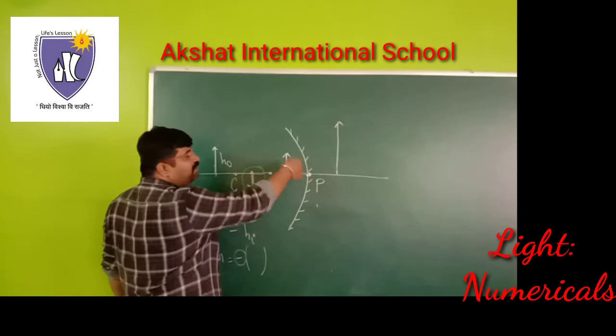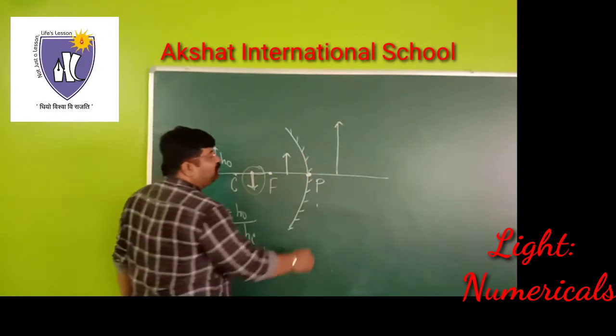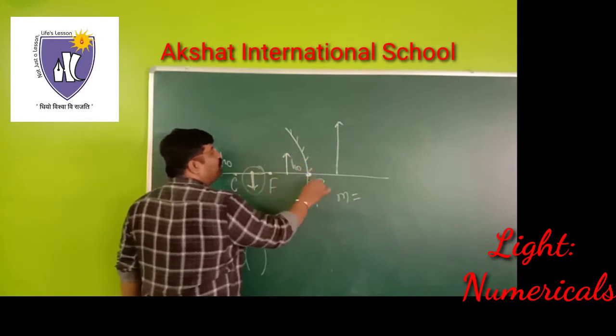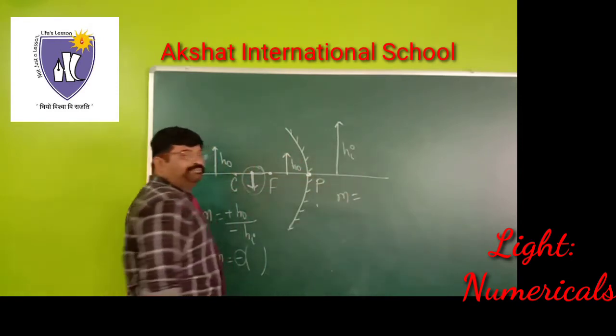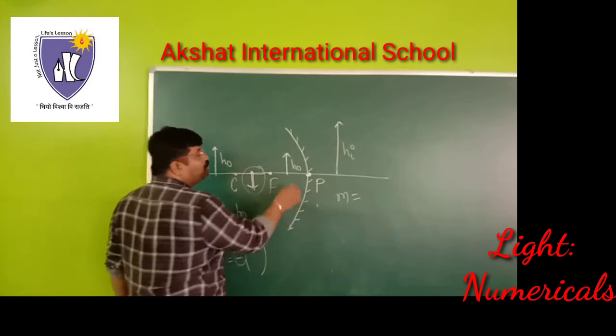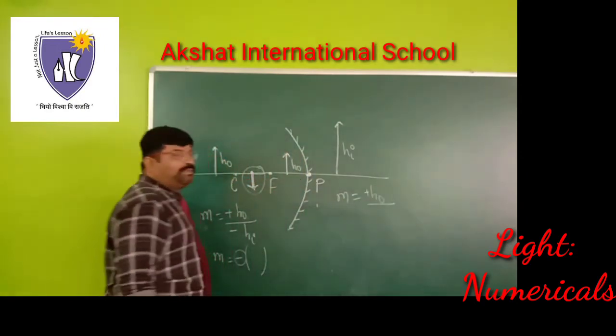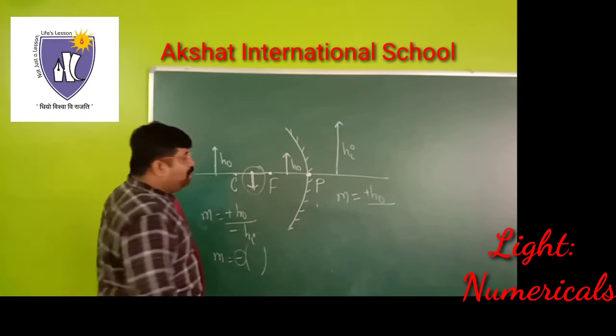Fine. Now in this case, if I have to find out the magnification, then this is HO and this is HI. Now you see, the object is always kept upright over the principal axis, so plus HO.